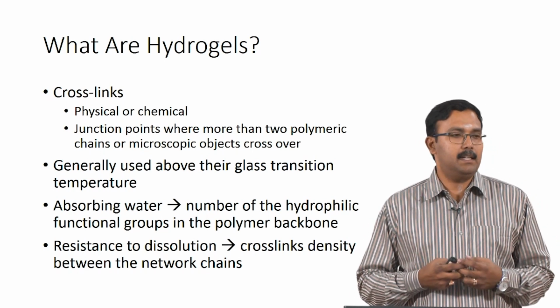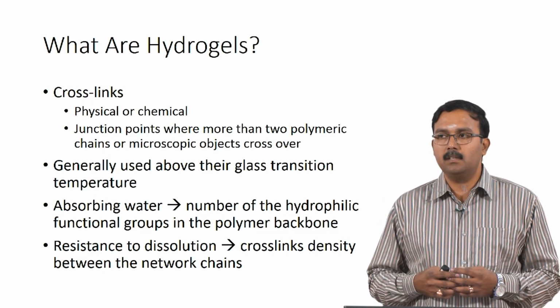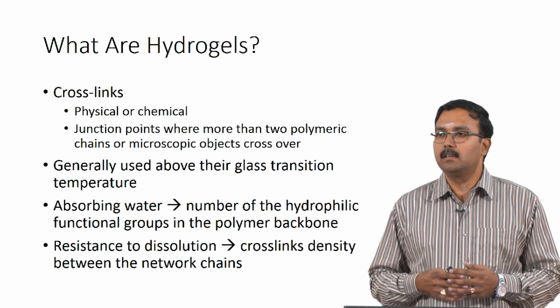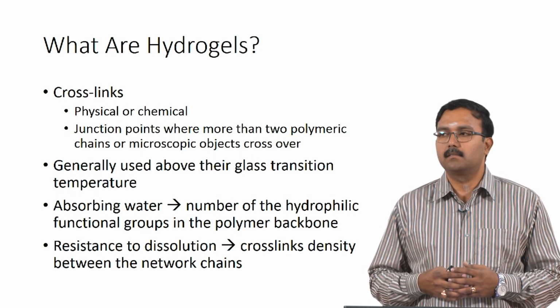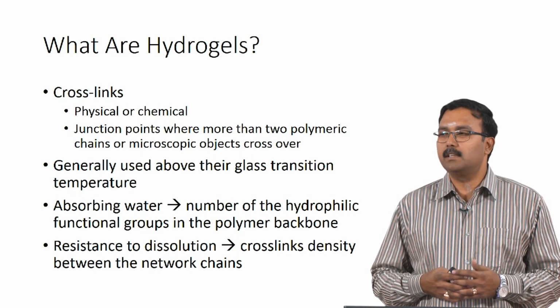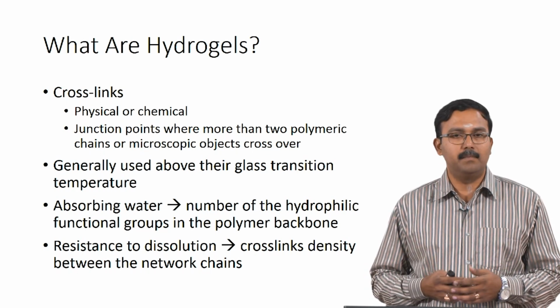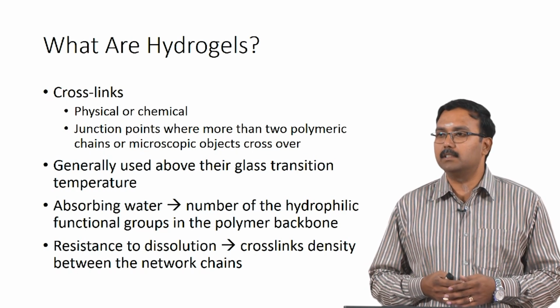Hydrogels are generally used at a temperature higher than the glass transition temperature. So what is glass transition temperature? In polymer chemistry, you would have studied glass transition temperature, or even in basic material science, material technology courses.